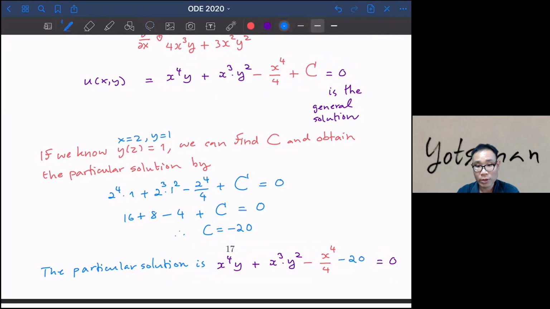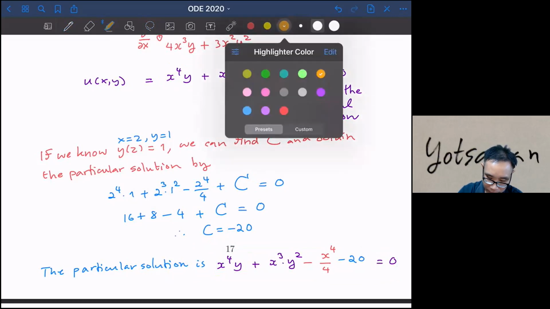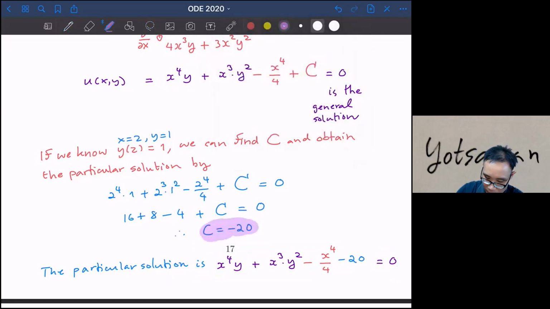So that will be your final answer. So we have first the general solution, and after, if we know something further, like y(2) equal to 1, you're gonna be able to find C, and this is how we find the particular solution for the non-exact equation also.